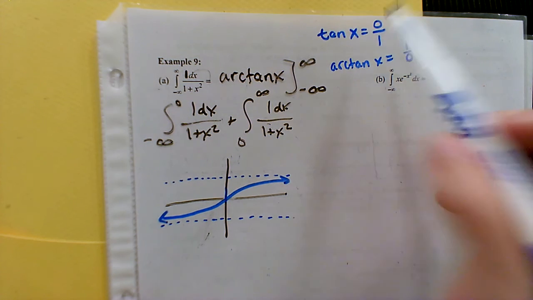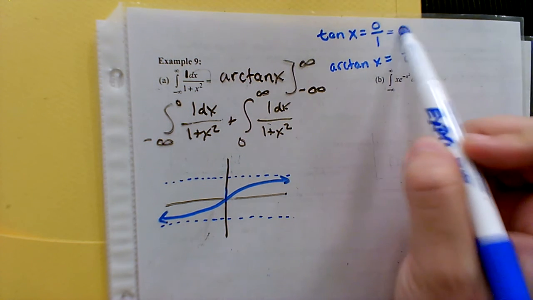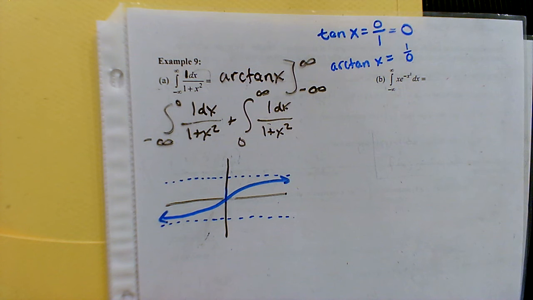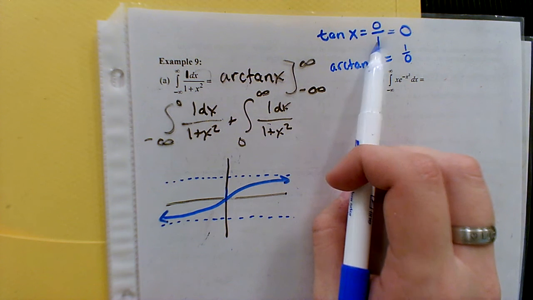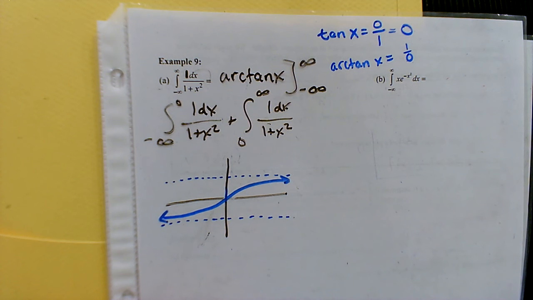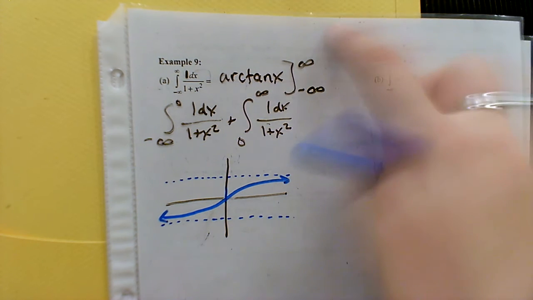So where on the unit circle is tangent 0? Meaning the sine value is 0 and the cosine value is 1? I think I have that mixed up. No, I do. I'm sorry.